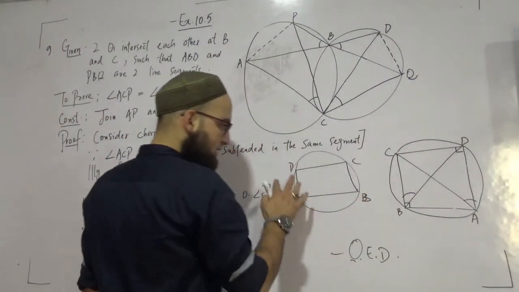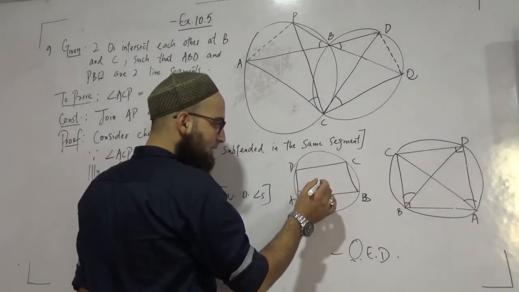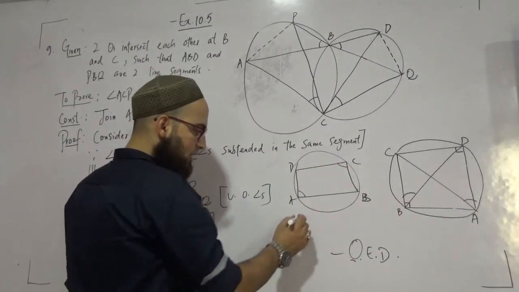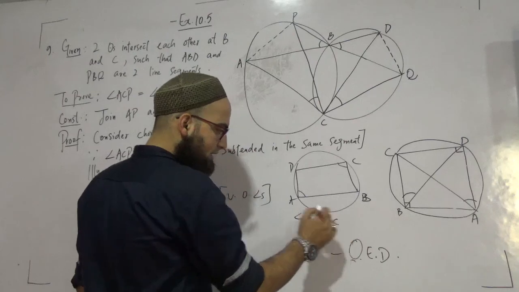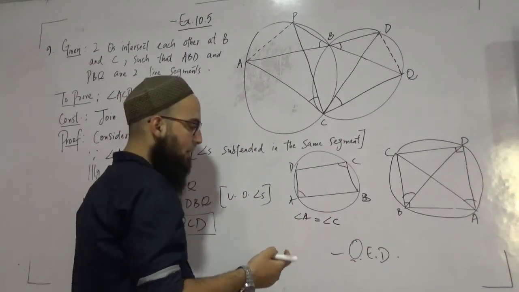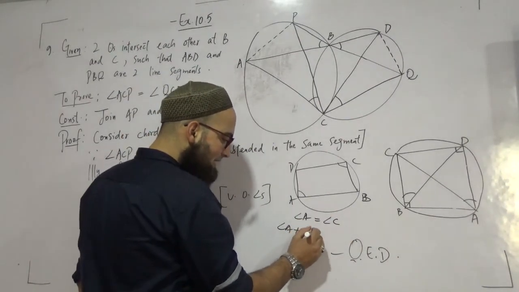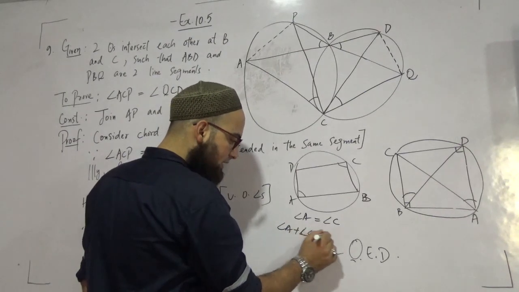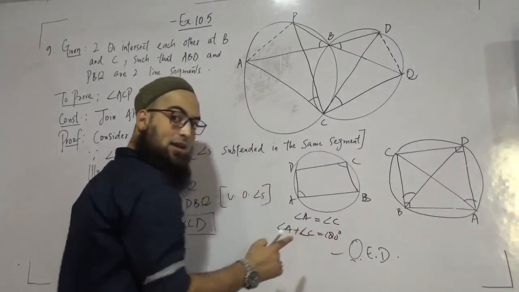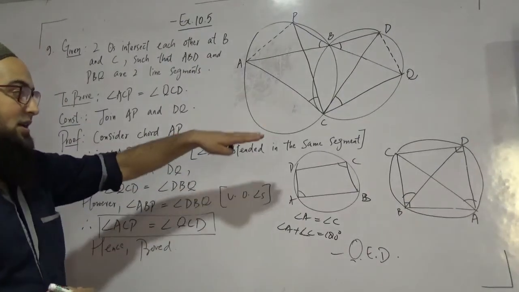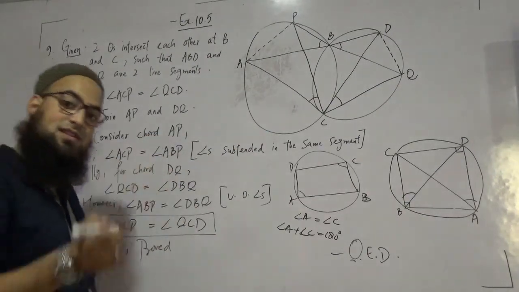What you will do: this is a parallelogram, so angle A is equal to angle C, opposite angles of a parallelogram. But angle A plus angle C is equal to 180 degrees. Why? Because they are opposite angles of a cyclic quadrilateral.